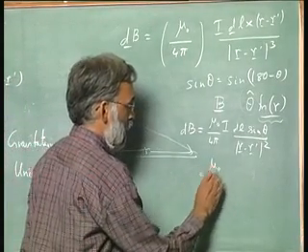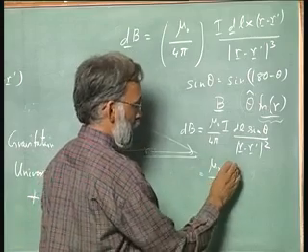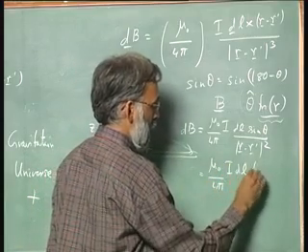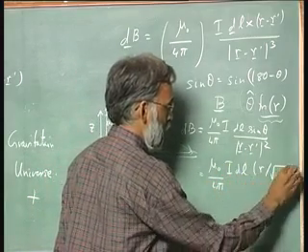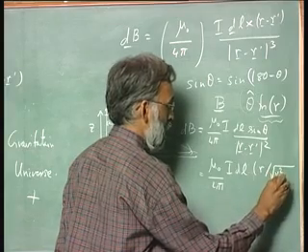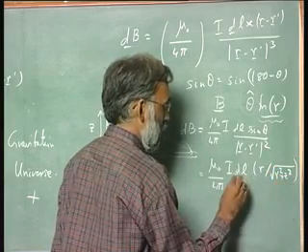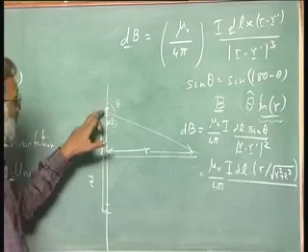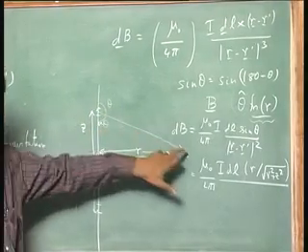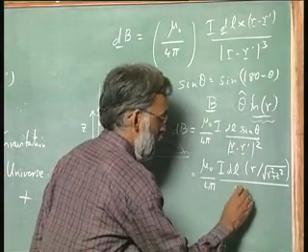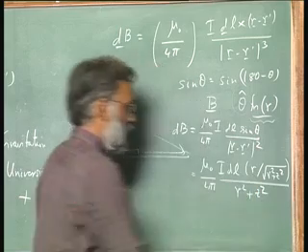So, it is equal to mu naught over 4 pi I dl times r over square root of r squared plus z squared divided by the square of this distance, which is r squared plus z squared.